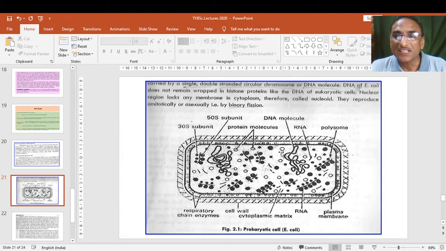Then the coiled structures are the DNA molecules. They are randomly scattered, not aggregated in the center, and not bounded by a membrane. Therefore, we cannot call it a nucleus. Instead, we call it nucleoid material. Then these single stranded small pieces are the RNA, because DNA is double stranded and RNA is single stranded.